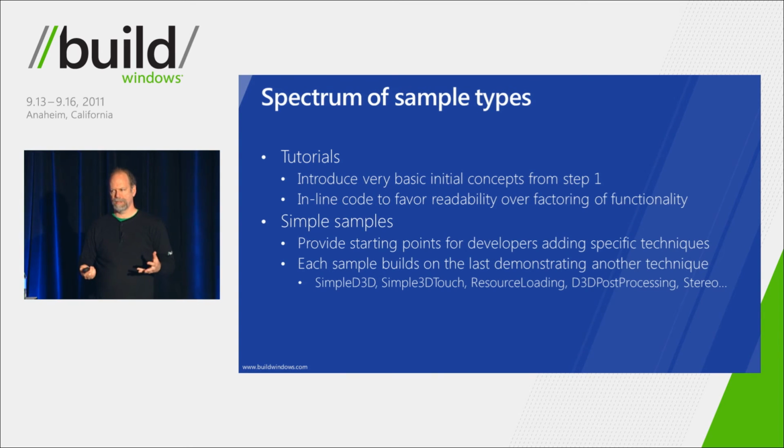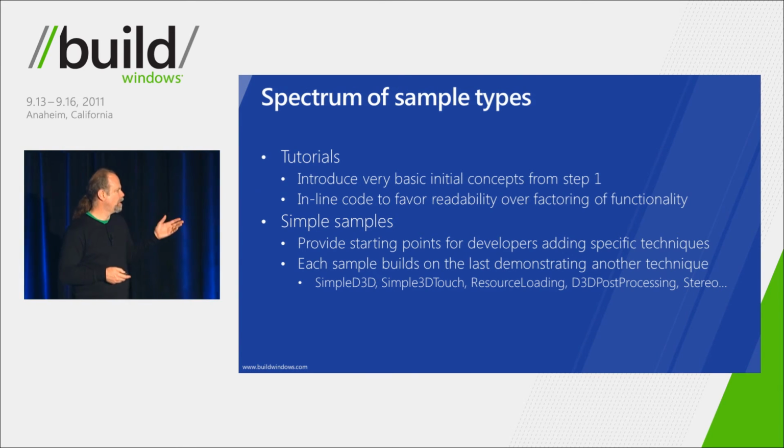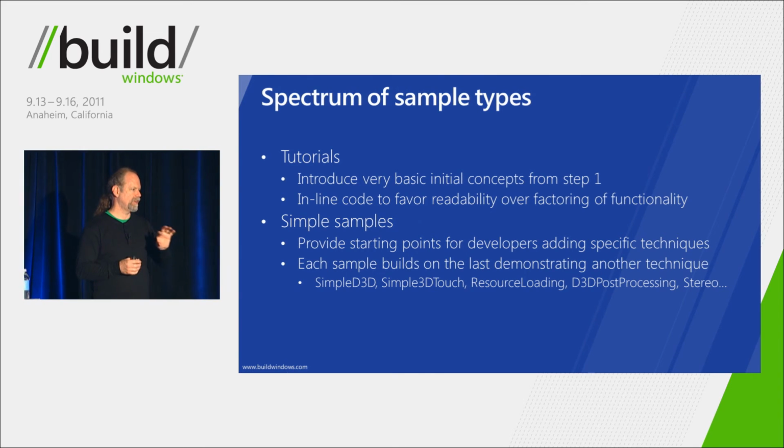Now, the next category of sample we call simple samples because most of them have "simple" in their name somewhere. Simple 3D touch, simple 3D stereo. These are designed to demonstrate one specific technique at a time. In that sense, they don't necessarily include all of the functionality that every really proper Metro-style app should have.